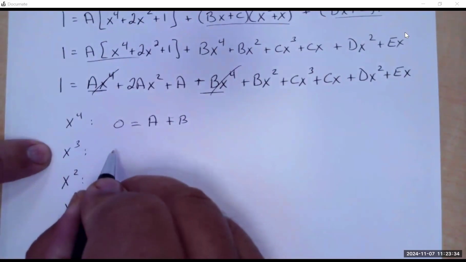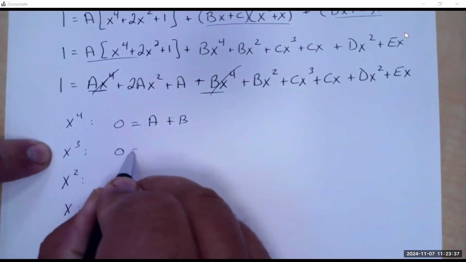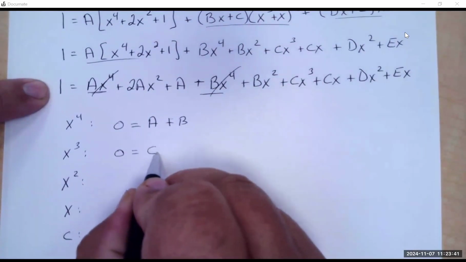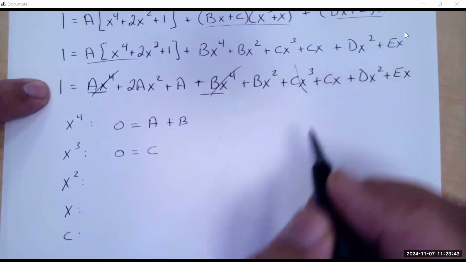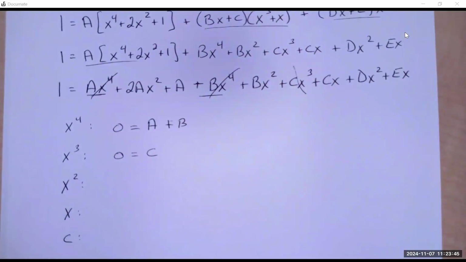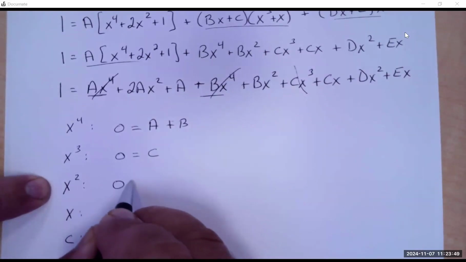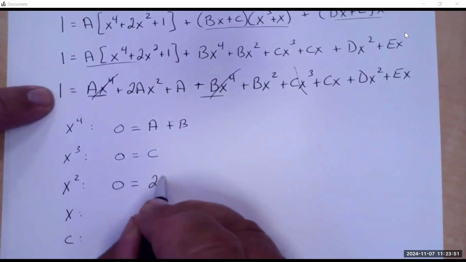How about x to the 3rds? We have none on the left side. We just have cx to the 3rd on that side. X squares, we have 0 there on the left side.